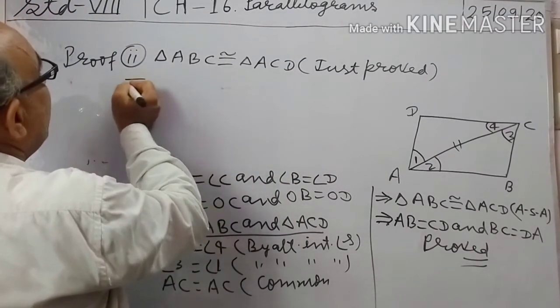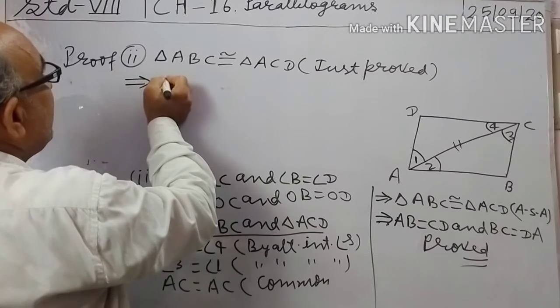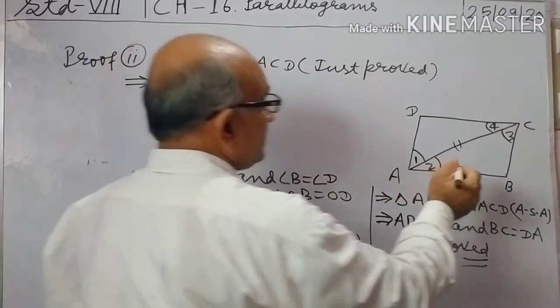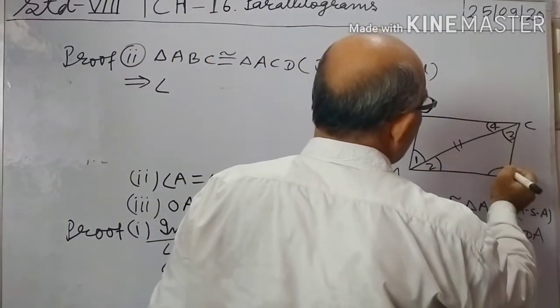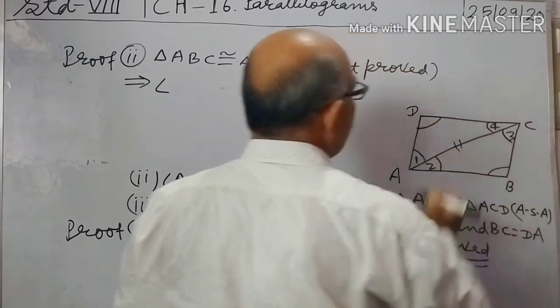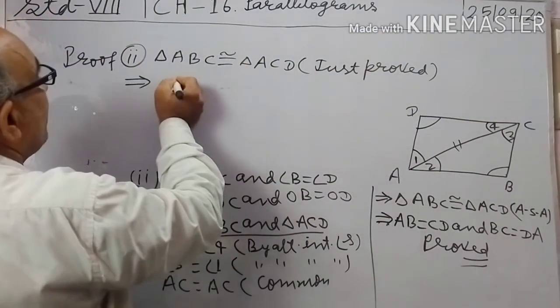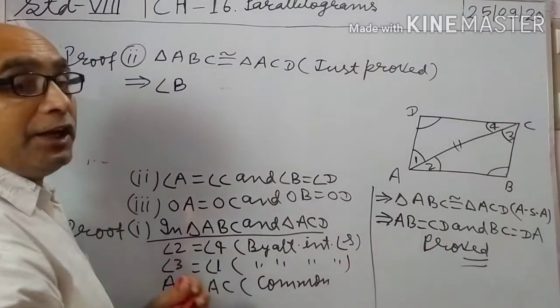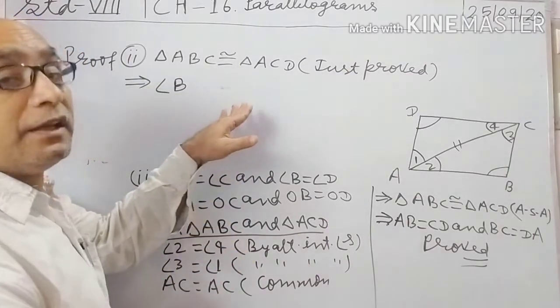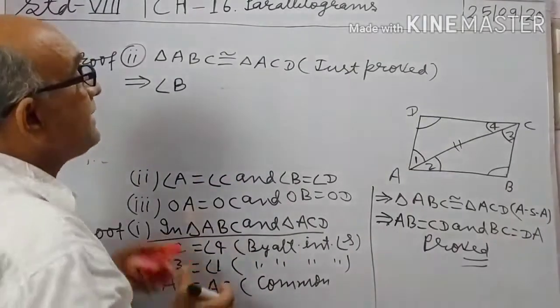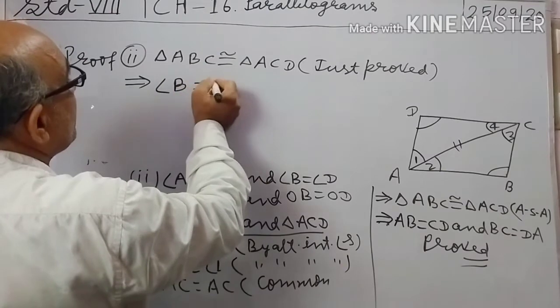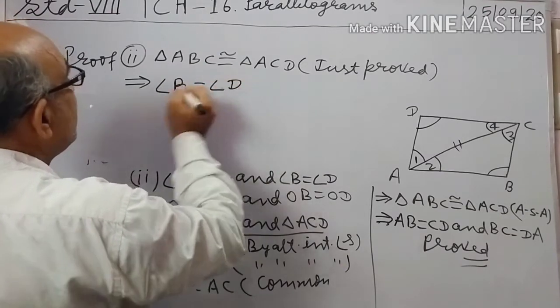So that implies angle B equal to angle D. If two triangles are congruent, then corresponding angles are equal. So angle B equal to angle D.